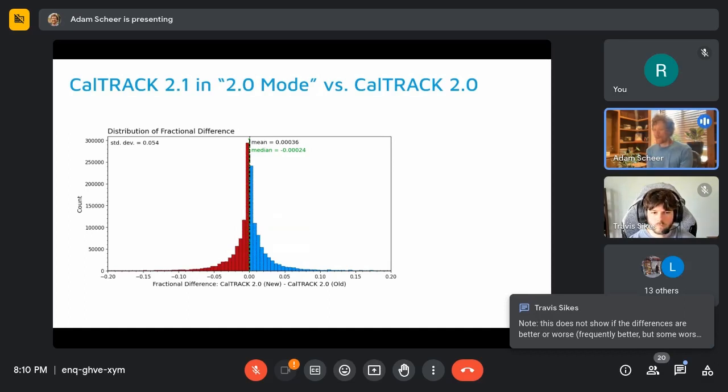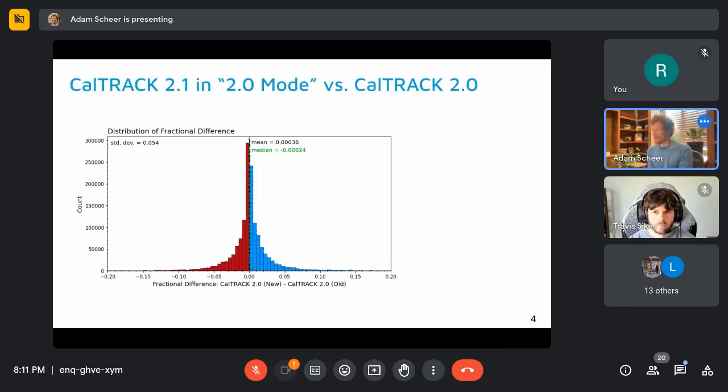Just as a reminder, the reason this is so important is that in many cases, we still believe that you'll want to be running a Caltrack 2.0 style model without the kinds of seasonal splitting or weekend weekday splitting, because many data sets are monthly data.